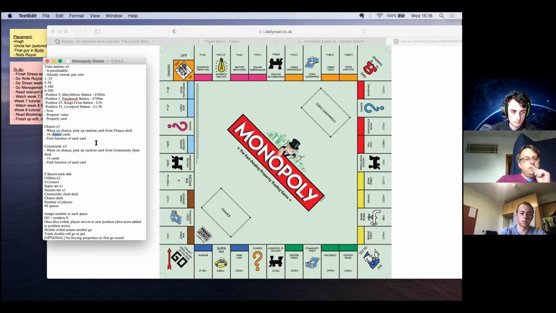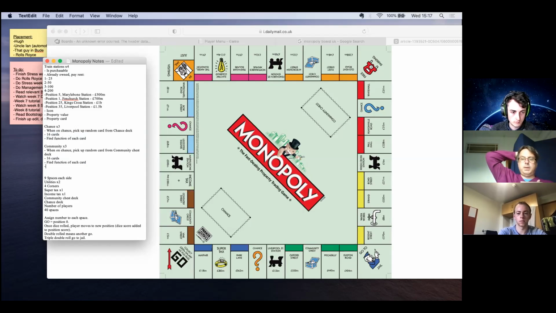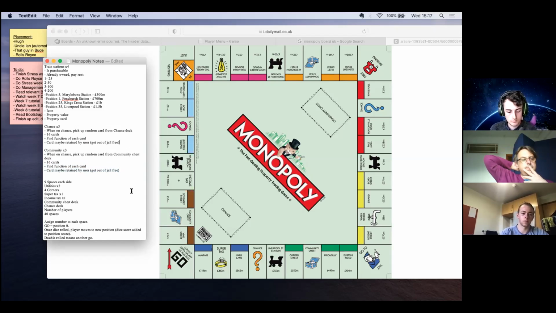Find the function of each card. And you might as well add a note to each one under each section there that card may be retained by user. It's so long since I played this, I've forgotten that. Okay, that's good.